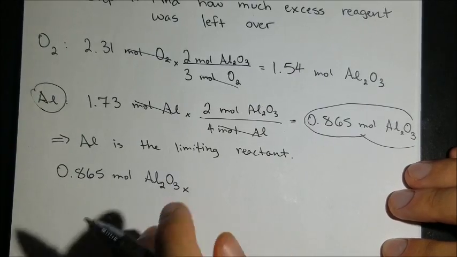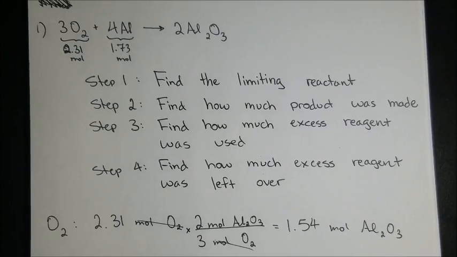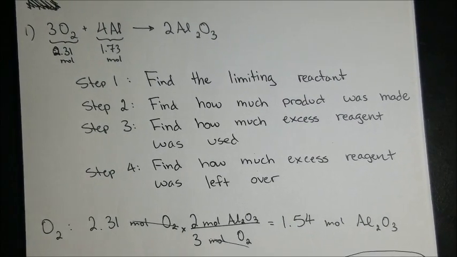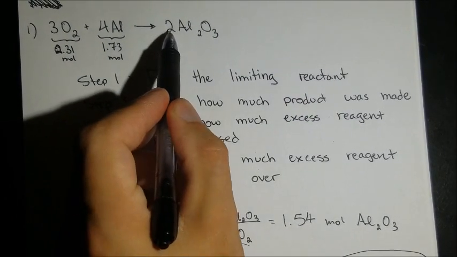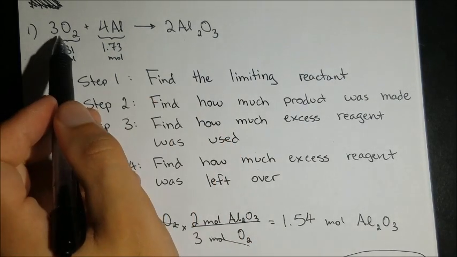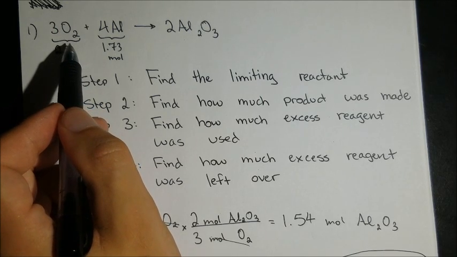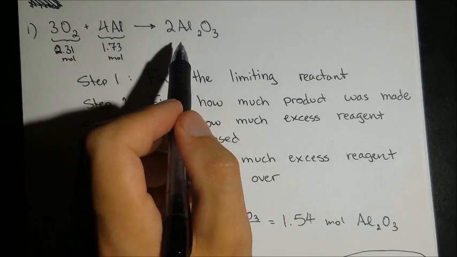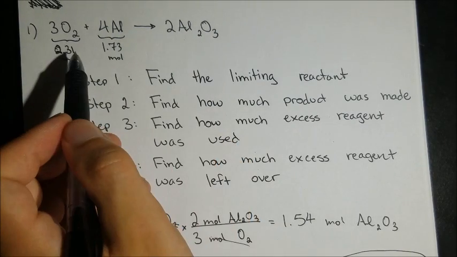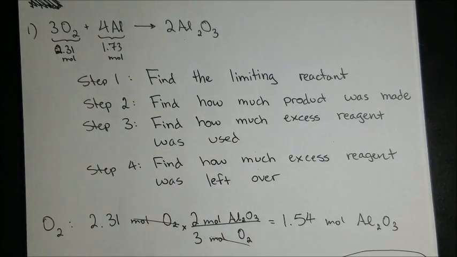So let me bring this back up. We have just a mole-to-mole ratio. We have 2 moles of aluminum oxide were produced when 3 moles of oxygen were consumed. And that's what we're interested in, how much oxygen was consumed. So we made 2 moles of aluminum oxide and we consumed 3 moles of oxygen. So that's the mole-to-mole ratio we want to use.